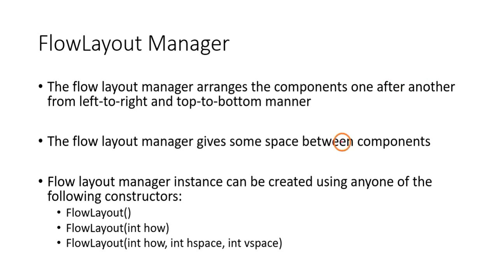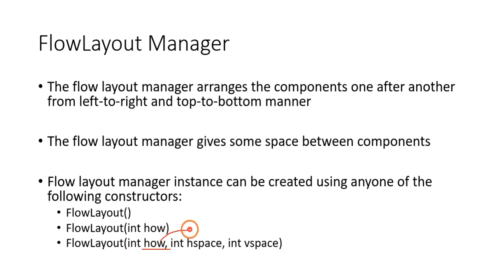The flow layout manager by default gives some space between each component. You can initialize flow layout using any one of these 3 constructors: FlowLayout with no parameters, with 1 parameter, or with 3 parameters.